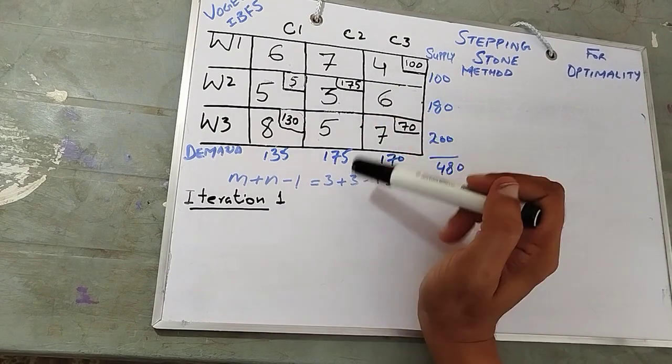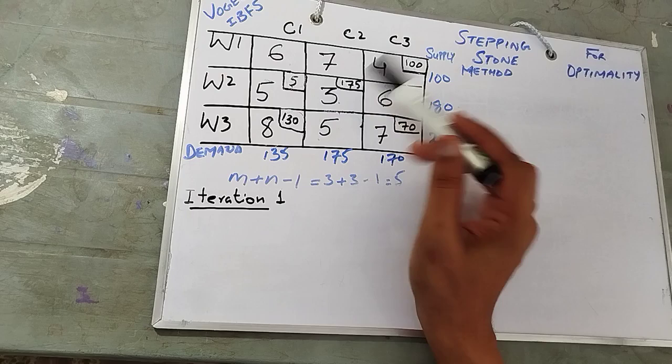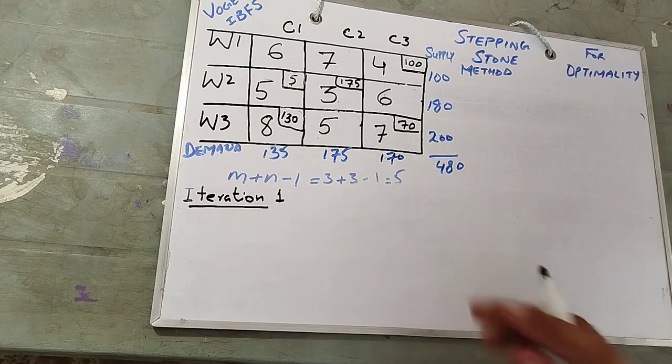N is the number of columns, 3. Minus 1 gives 5. 1, 2, 3, 4, 5. So now it means we can apply the stepping stone method. We can also apply the MODI method, but we are applying the stepping stone method after this validation.